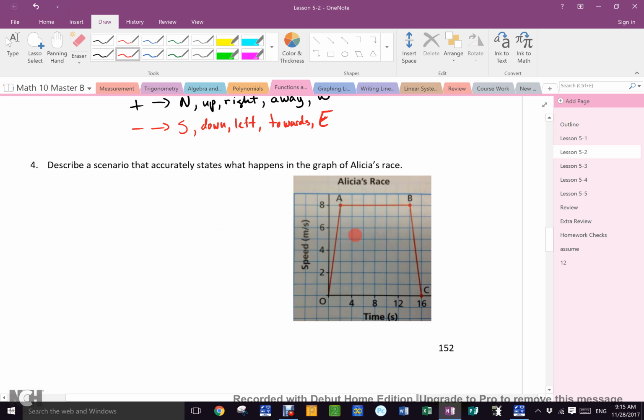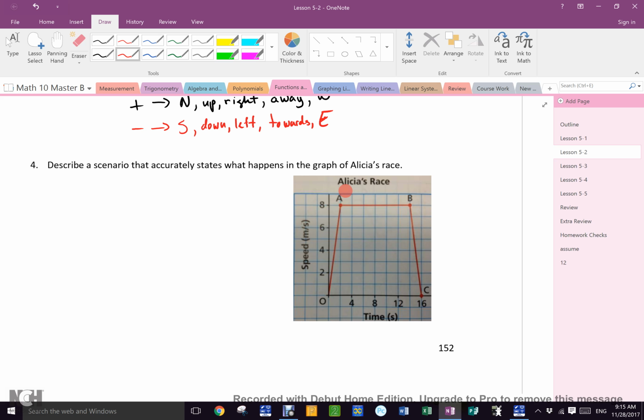Okay, so state what happens in Alicia's race. Now look closely. Is this a distance time graph? No. Do the graph rules still apply? Yes. So look closely at this, see if you can figure it out.